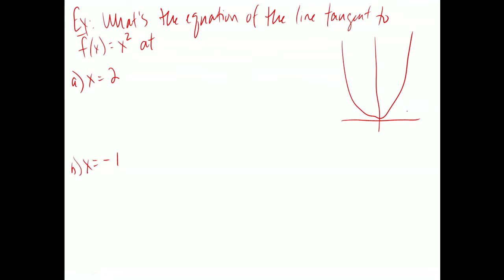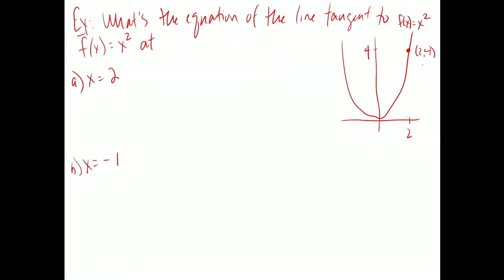All right, so x equals 2 is kind of over here. So we know what point this is, right? This is the point (2, 4). Right, because the equation that I'm graphing here is f of x equals x squared. So when x is 2, y is 4, right?